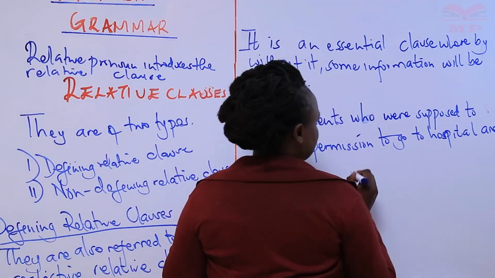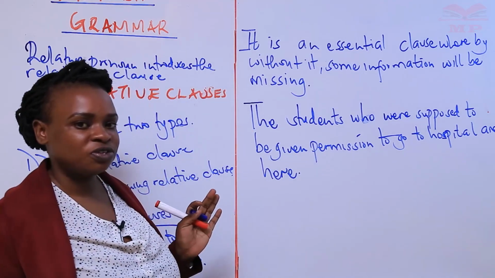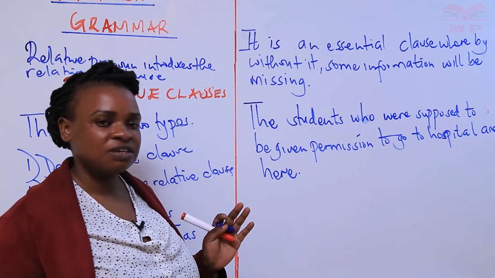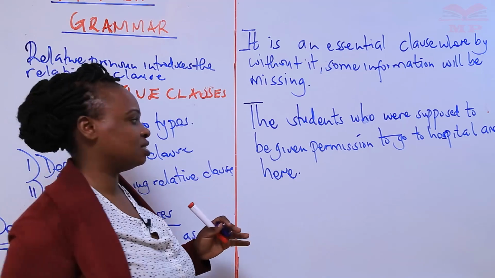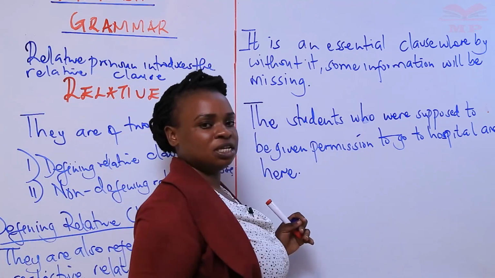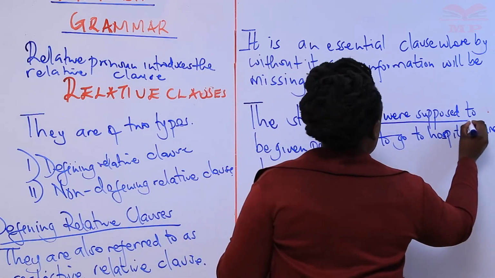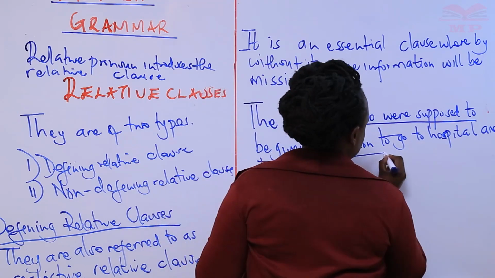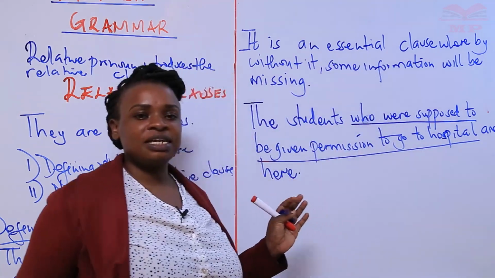So again, remember we say that relative pronouns introduce relative clauses. Relative clauses give us information about the noun in the sentence. So here, the noun is the students. So who are supposed to be given permission to go to hospital is the relative clause.